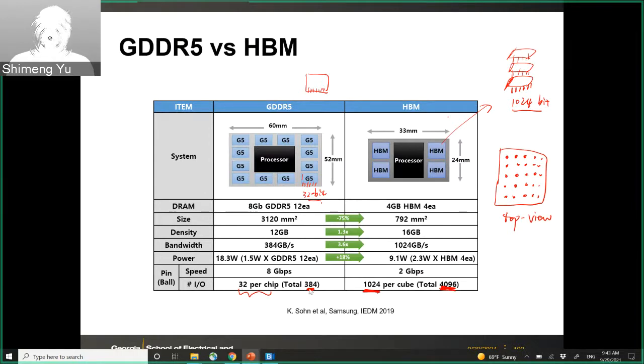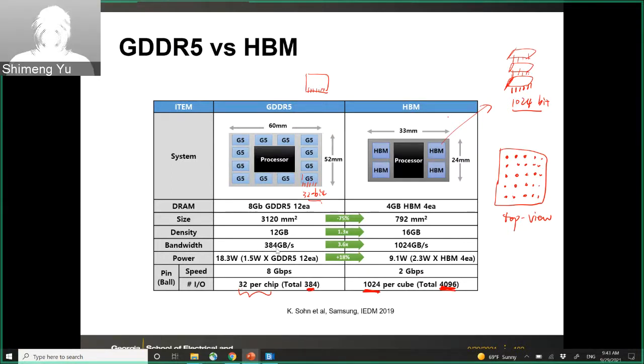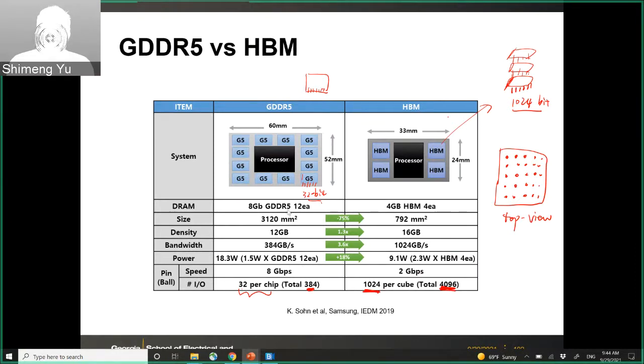You mean the bandwidth here? You mean for GDDR5, why is the bandwidth 384? You have to look at the individual bandwidth per bit and then multiply by the number of pins you have in total. I think in this case, even though you have so many pins, not every pin is used simultaneously.